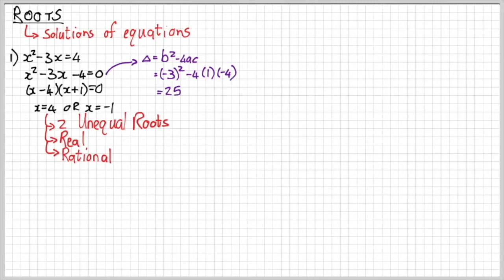Now that is first of all bigger than 0, and it's a perfect square, so our theory says that there should be two unequal roots. It's real. And because it's a perfect square, it's rational. Oh, so much easier to do delta. That's the truth.